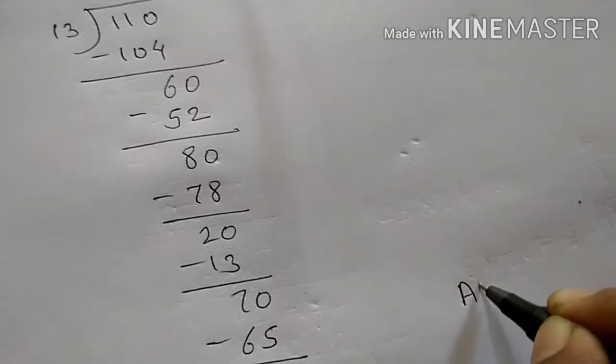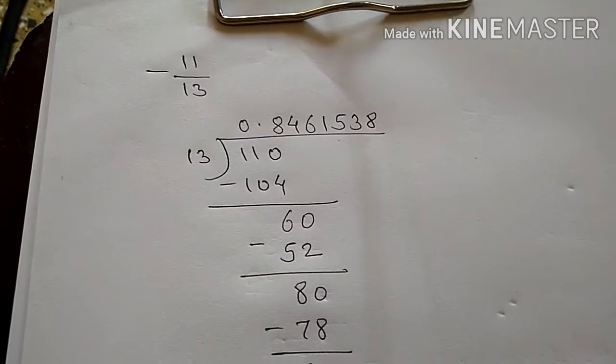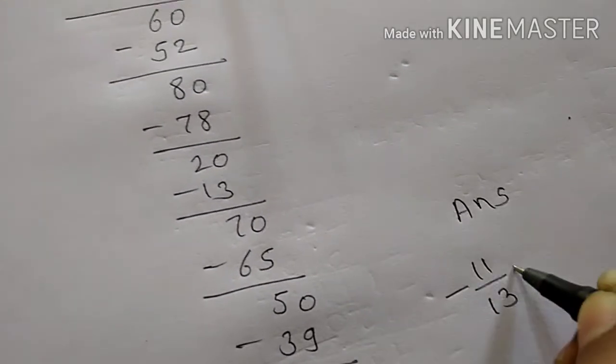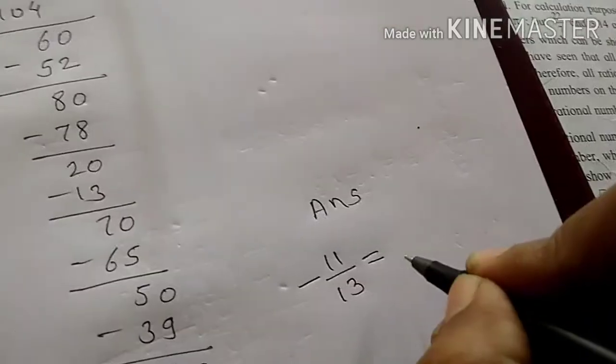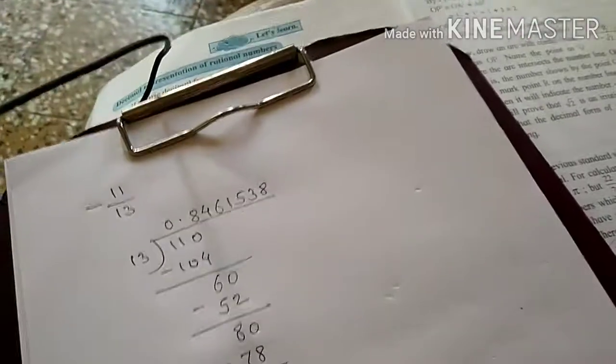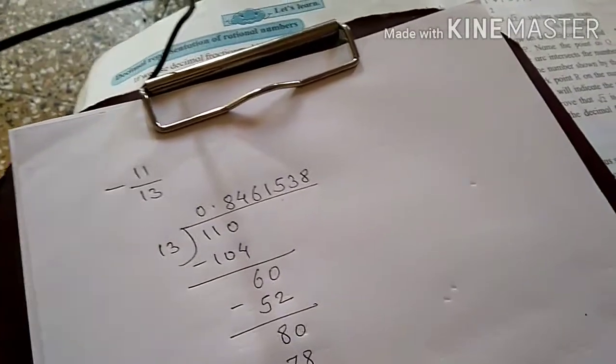Write down the answer here. The decimal form of minus 11 upon 13 is equal to minus 0.846153.